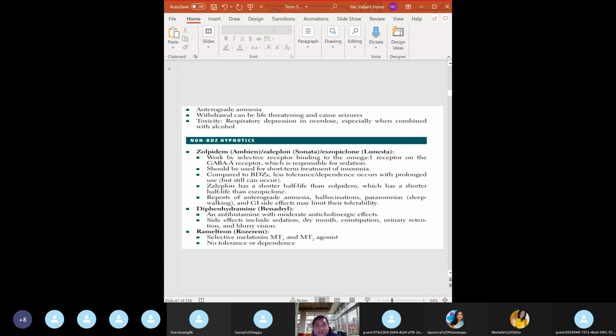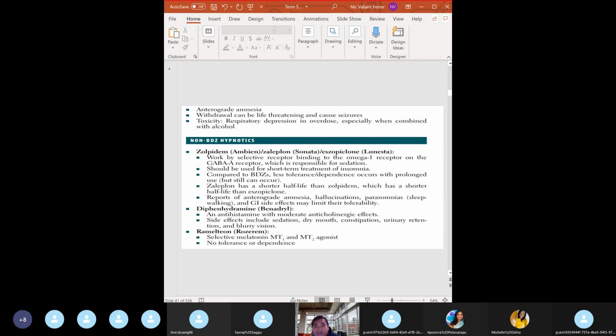Compared to your benzos, since they are non-benzo, they have less tolerance and dependence. Zaleplon has a shorter half-life than zolpidem, which has a shorter half-life than eszopiclone, okay? Some people report anterograde amnesia, hallucinations, and parasomnias, right? Like Lady Macbeth, sleepwalking. Can you imagine that? And GI side effects. They limit their tolerability.